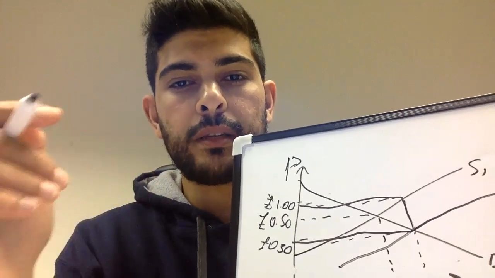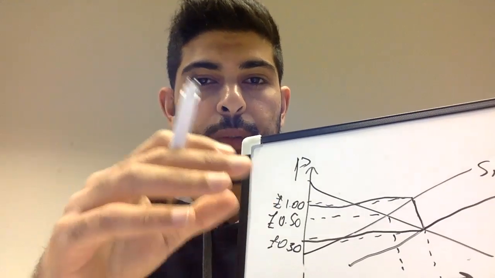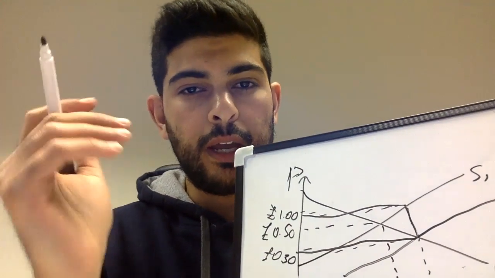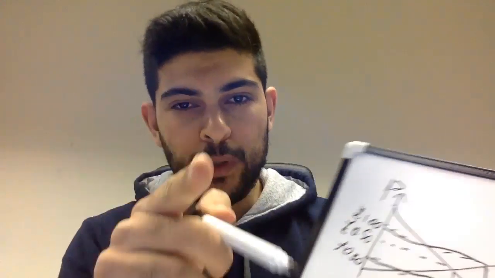And you also need to be able to split up the subsidy between the consumer and the producer. Now, some of you, and you know who this is, try and memorize whether it's the top or the bottom of the rectangle. I never, ever, ever want you to do that. Whether it's a tax or a subsidy, the way that you are going to always do it is you go, okay, what is the change in the price?